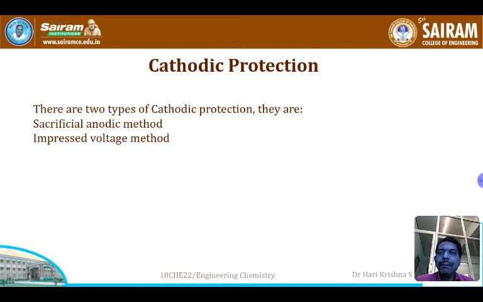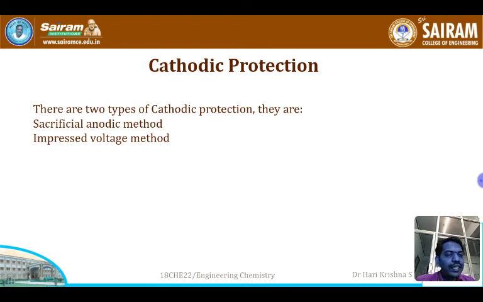Corrosion occurs mainly due to movement of electrons from anode to cathode. So if we supply electrons to cathode from an external source, or if we convert the anodic sites to cathodic sites, we can prevent corrosion.